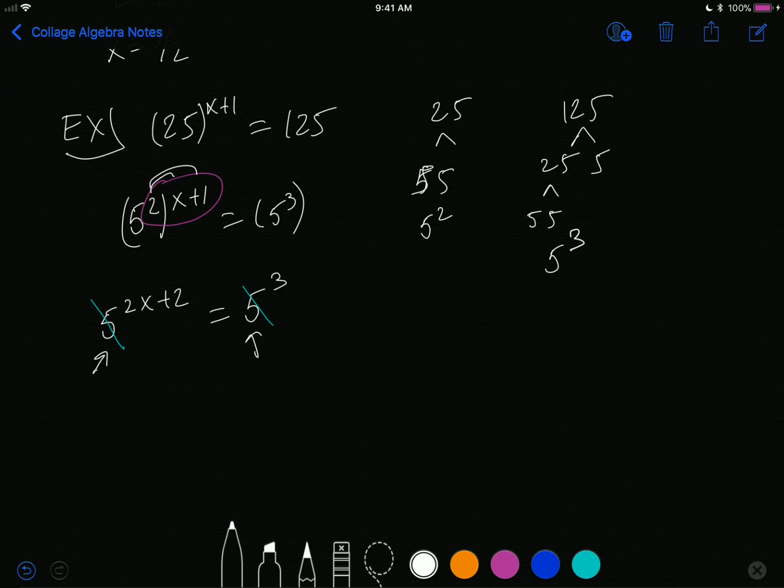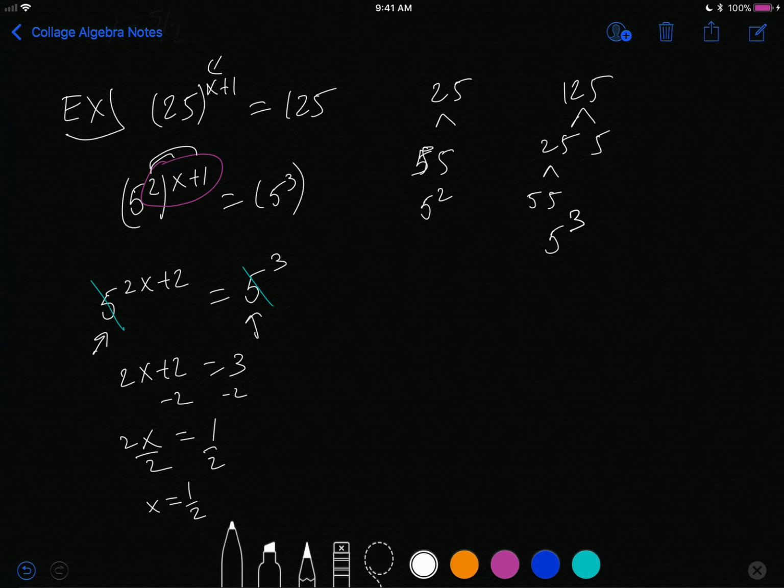And so that leaves me with 2x plus 2 is equal to 3. And then algebra, my best friend in the whole wide world, will take me home. Minus 2, 2x equals 1, divide by 2, x equals 1/2. So the power that satisfies this equation is x equals 1/2.